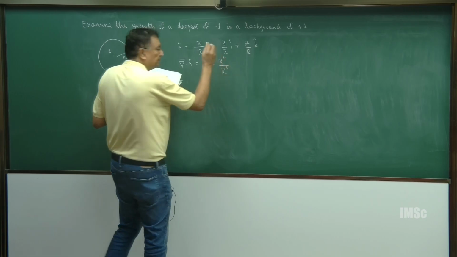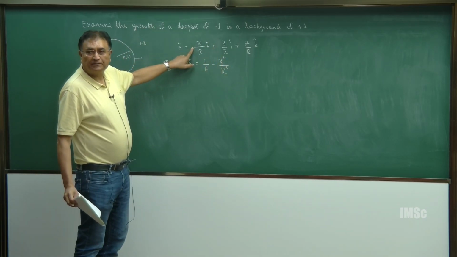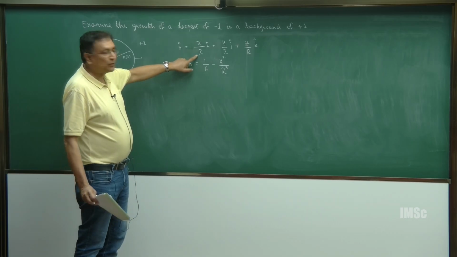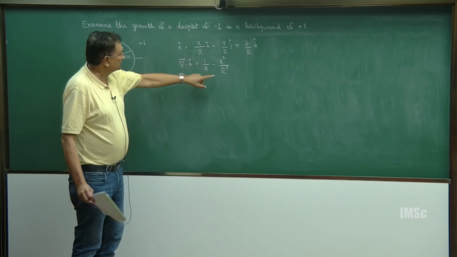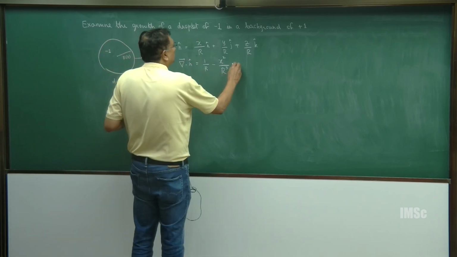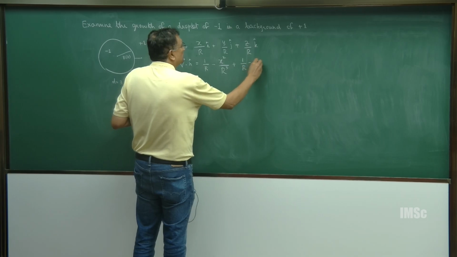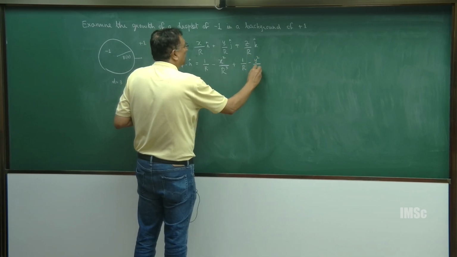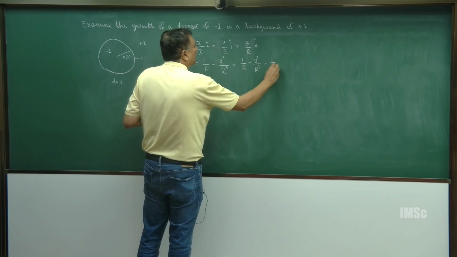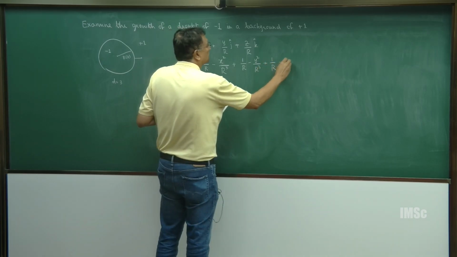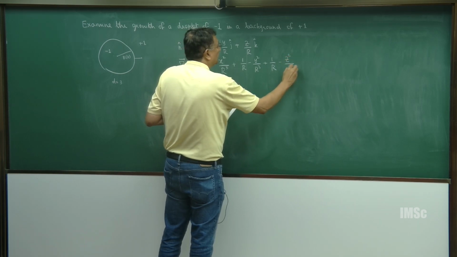That is the derivative of this with respect to x. r is the square root of x squared plus y squared plus z squared, right? Similarly the other terms will give me 1 over r minus y squared over r cubed, plus 1 over r minus z squared over r cubed.